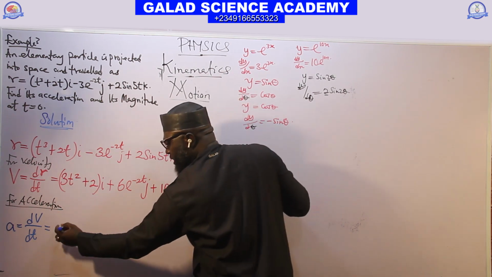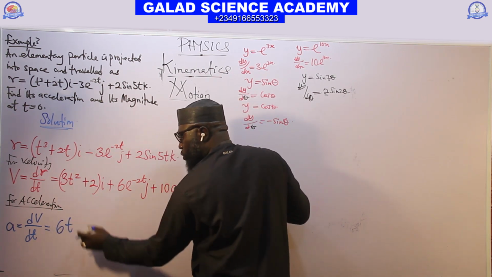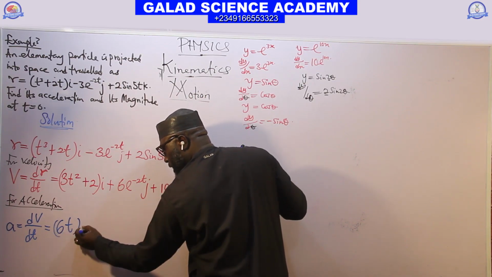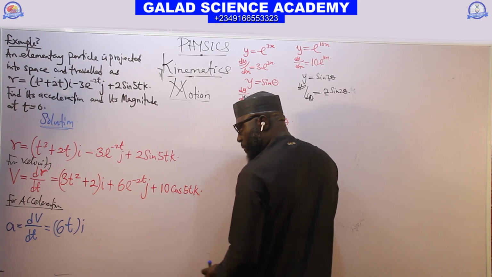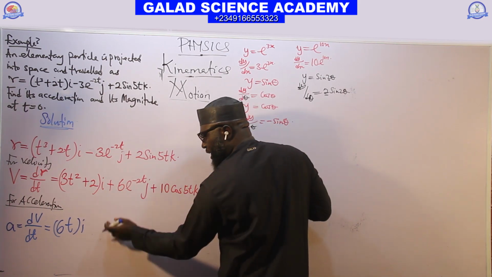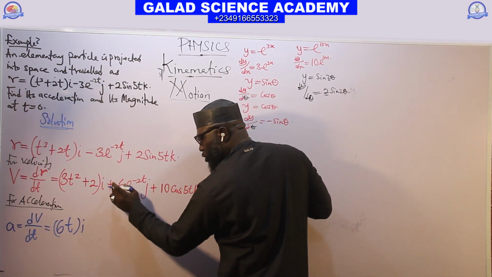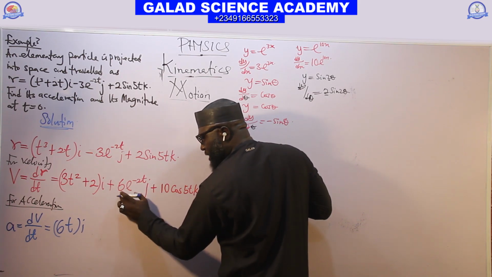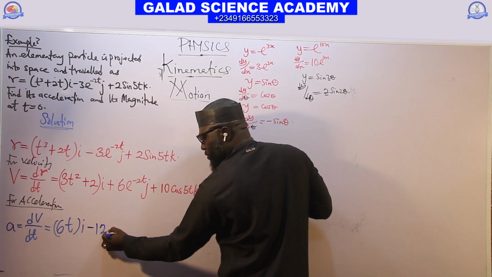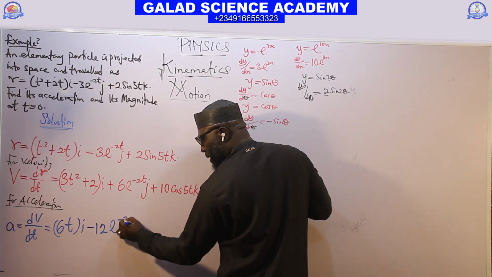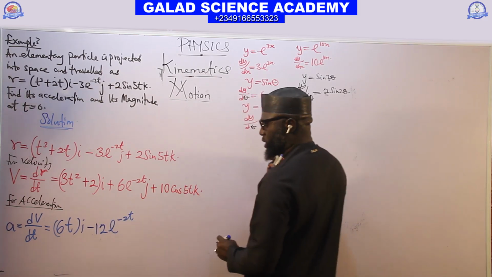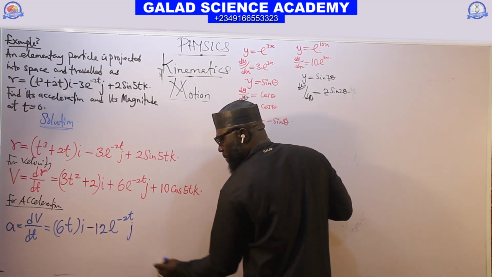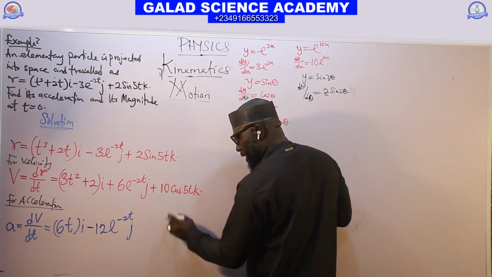Differentiating this 6t, 2 will give us 0. We have 6t i. Differentiating this again, it will go to the 4, minus 2, minus 2 times 6, minus 12 e exponential minus 2t. Here we have j.